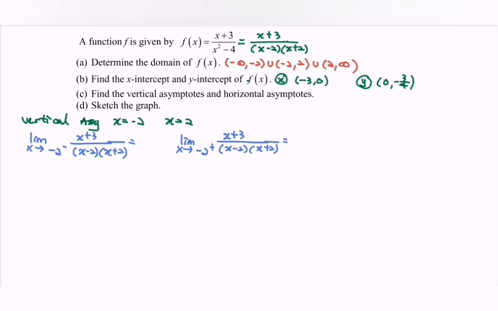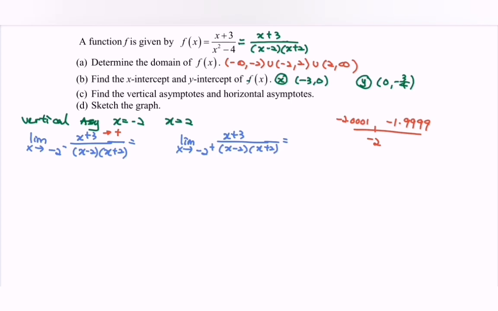If we refer to the number line, we have negative 2. The value from the left approaching negative 2 will be negative 2.0001. As for the right, we will have negative 1.9999. By referring to the calculator, kindly substitute. For this part, it will be a positive value.